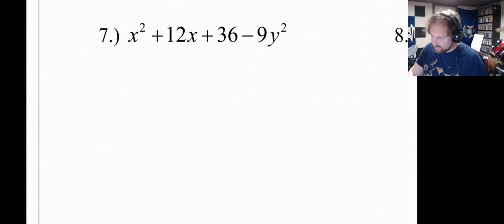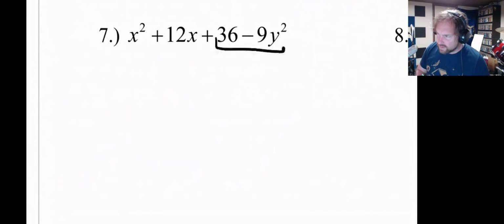Let's see. 36 and 9 both have 4. And I'm just looking for an attack point, like an entry point to this problem. 36 and 9 both divide by 9, but that would leave me with 4 minus y squared, which would be a difference of squares, but I keep thinking, it's possible that we might just have some sort of weird other answer here.